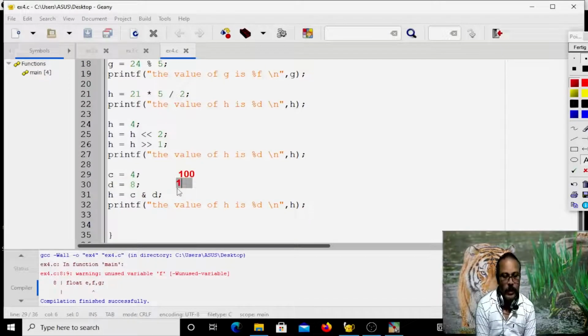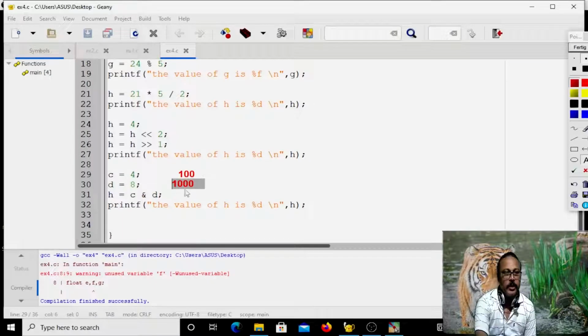Okay, 1 0 0 0. So that is 8. Try to position it correctly.